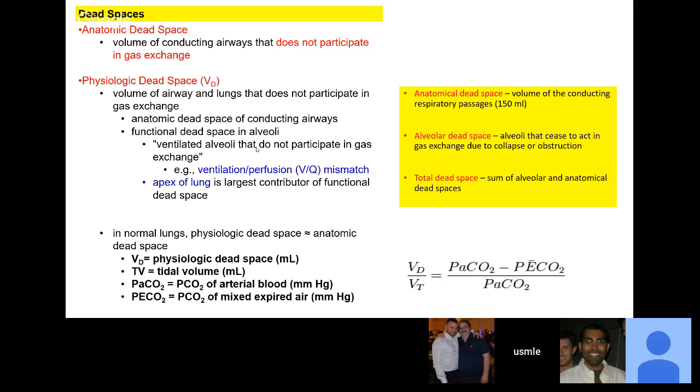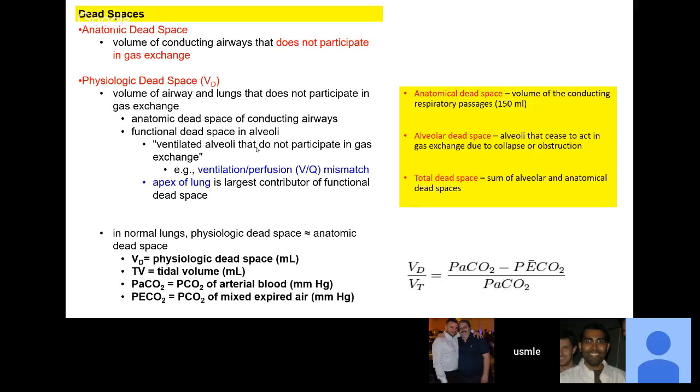And keep in mind that you have two types of dead space: the anatomical dead space and the physiological dead space. The anatomical dead space is all the bronchi, from the trachea up to the primary bronchi. You're going to find air inside, but it is not part of the gas exchange, so you can consider it as anatomical dead space.